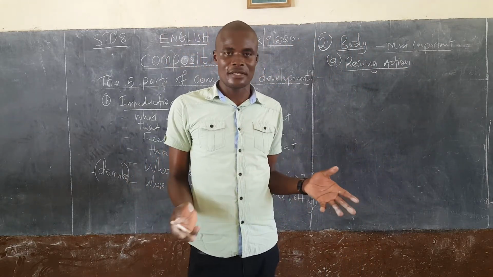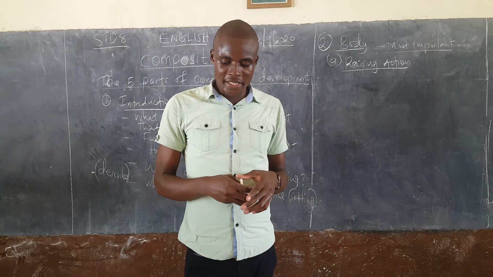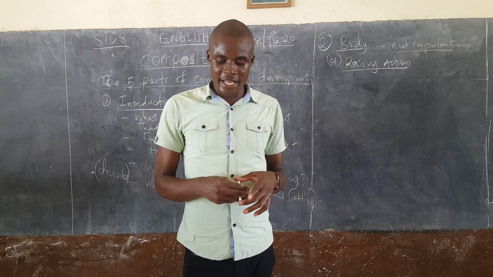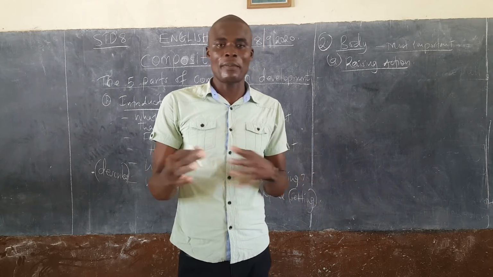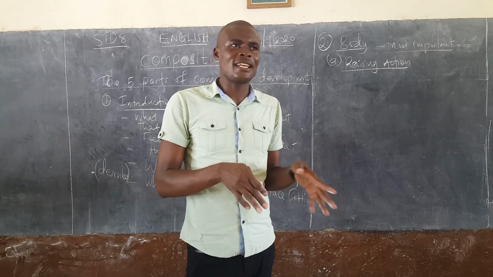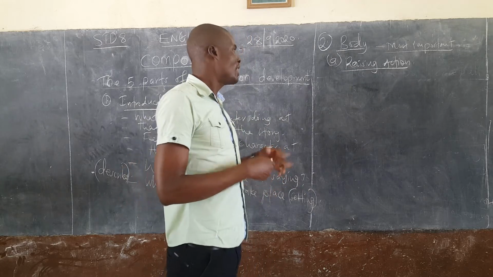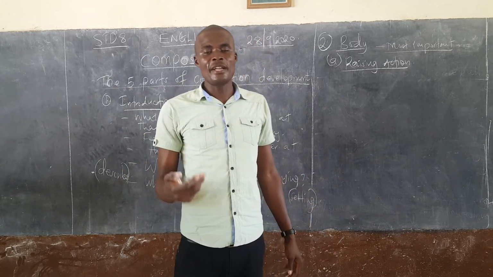As I've mentioned, rising action, Lana, is the events leading to a problem. Meaning you have not come to the problem already, but there are events that are leading to a problem. Let's talk about a very simple issue. We have academic day in our school.